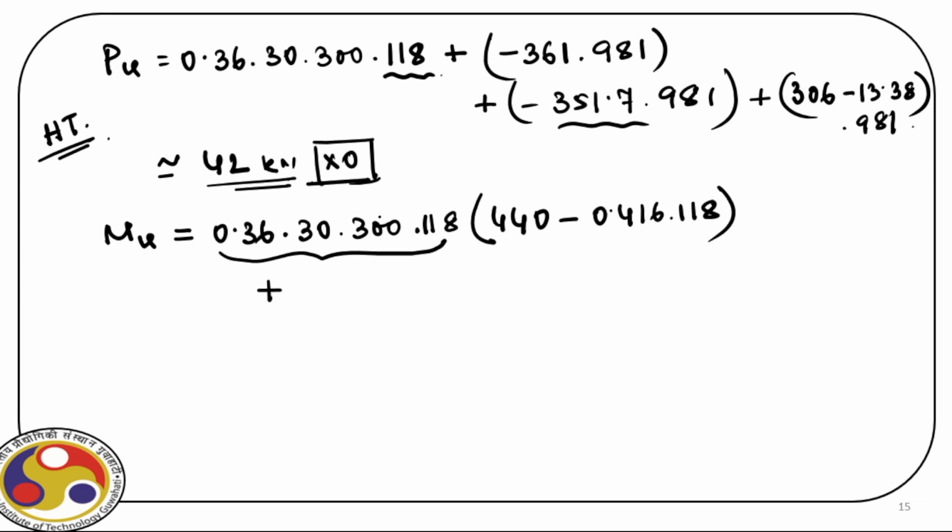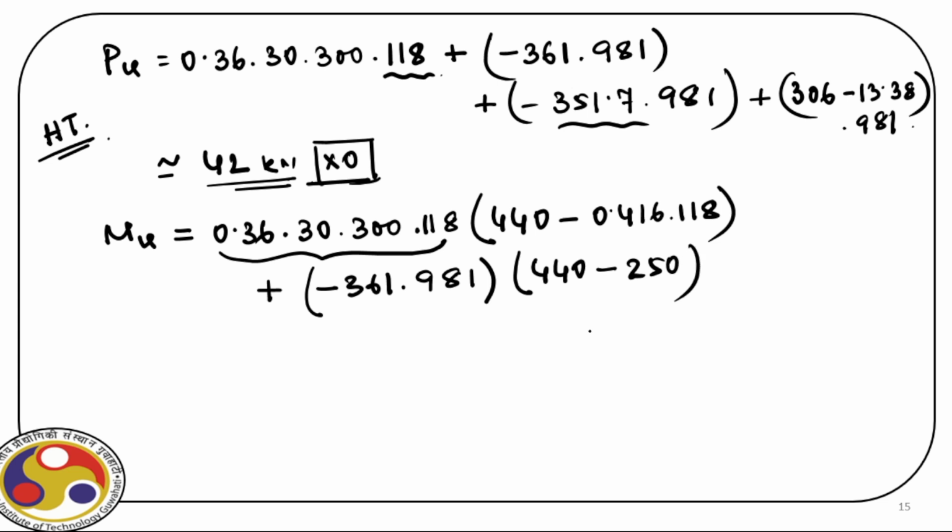Out of that, one layer is at the middle, so minus 361.981 times 440 minus 250. So this is for the first layer.